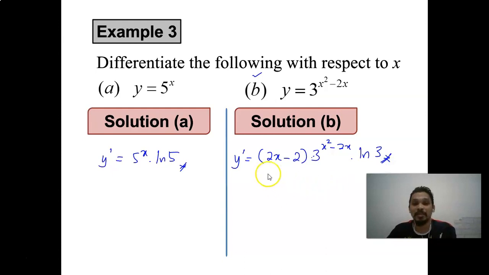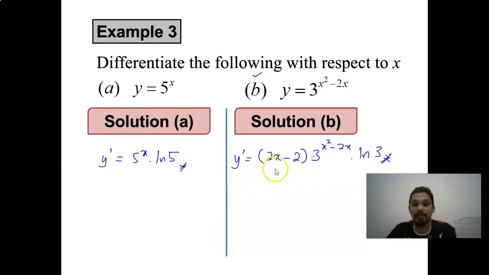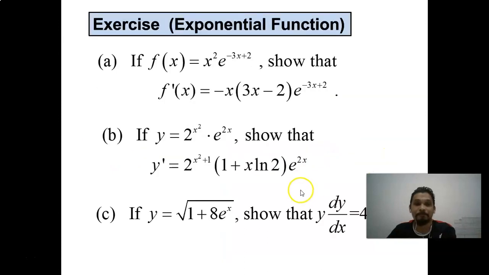So you can see here, this is what we call f prime x, then 3 to the power of f(x) multiplied with natural log of 3.